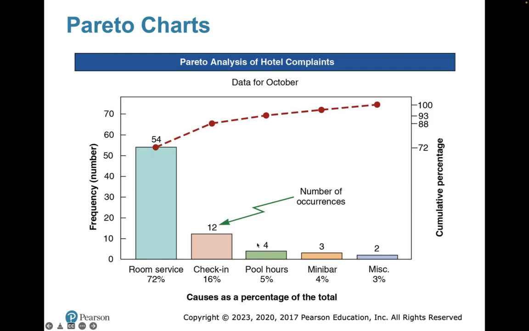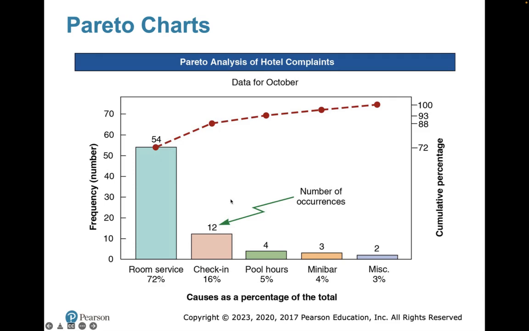Some people complain about the hours of our pool, 3 people mini bar, and then maybe we had some miscellaneous we can't quite categorize. Now, again, we don't worry about creating it right now, but the idea is it helps us understand that 72% of our problems came from room service, and then we have 16% from check-in.